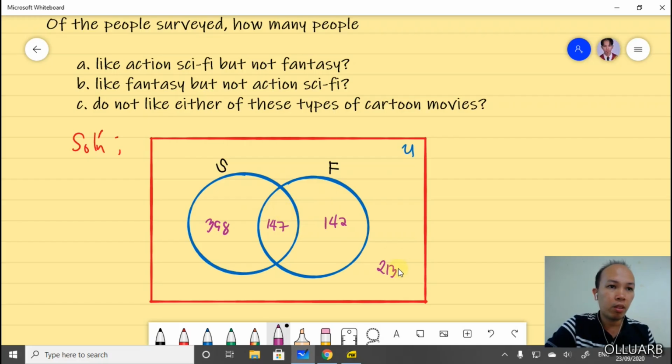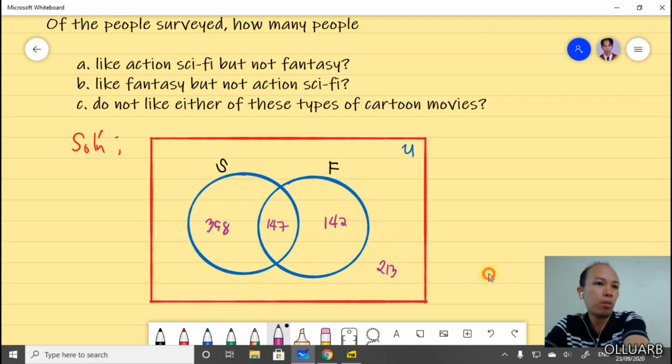This 147 here likes action sci-fi and fantasy, this 142 likes fantasy only, and 398 likes action sci-fi only. But the 213 here do not like any of those cartoon movies.